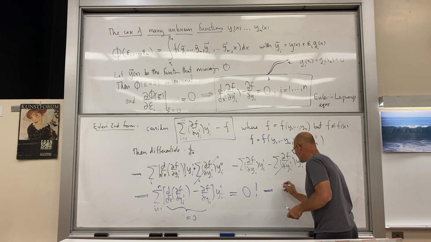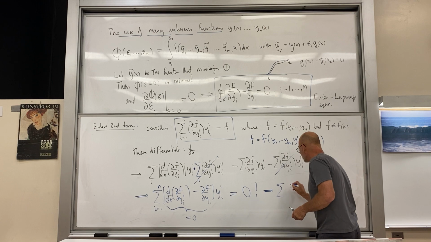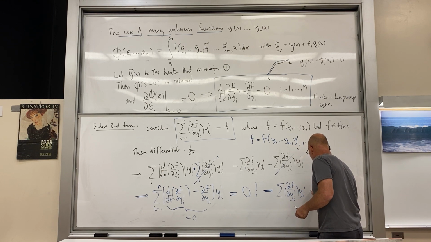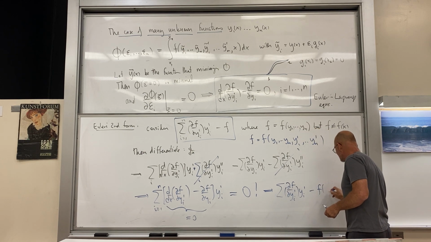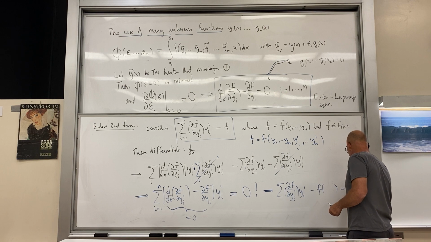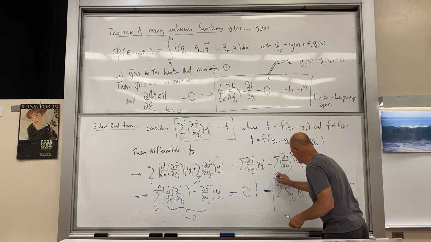So we have sum over partial f partial y sub i prime, y sub i prime, minus f of all of its variables, but not x, is equal to a constant.